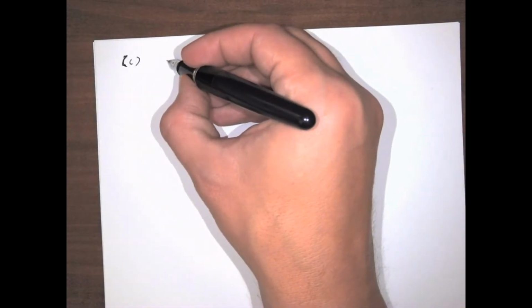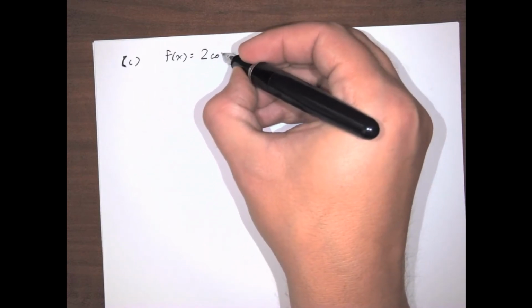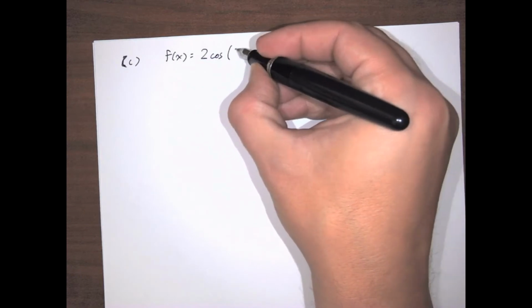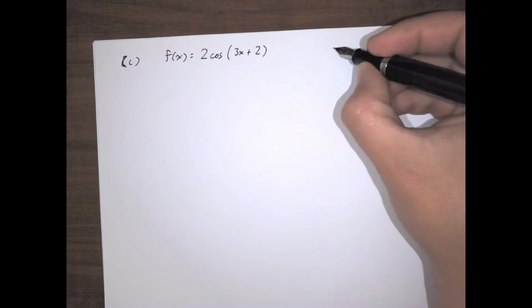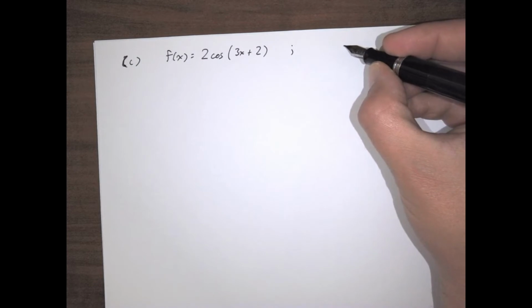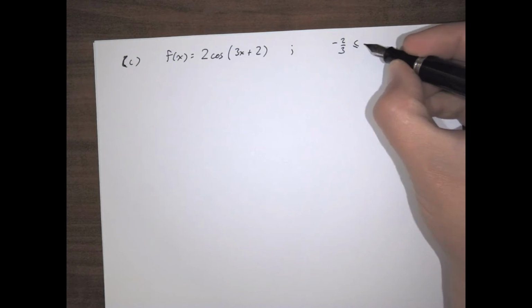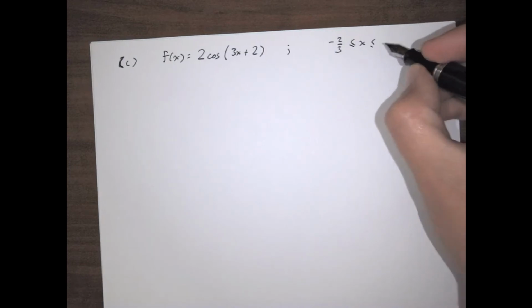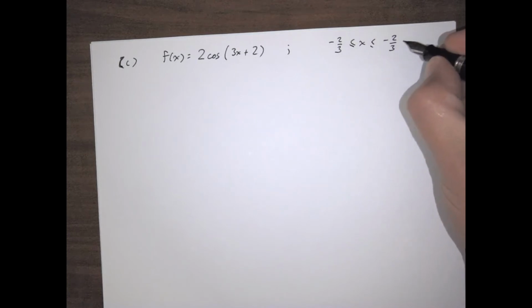So let's say we have f of x equals 2 cosine (3x plus 2). And now the domain that we're going to be given here is negative 2/3 is less than or equal to x, which in turn is less than or equal to negative 2/3 plus pi over 3.